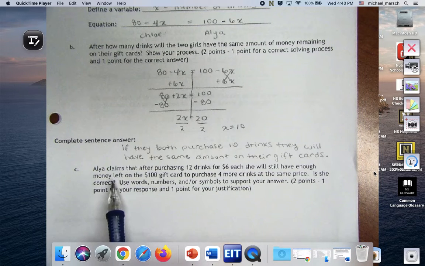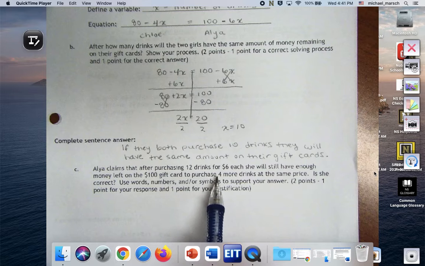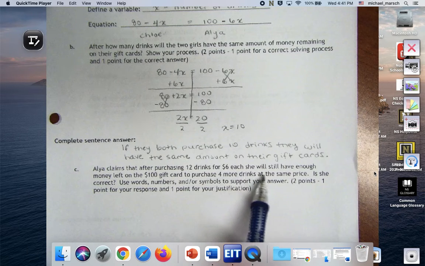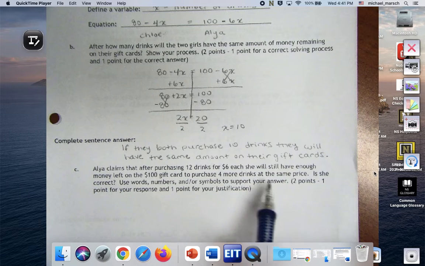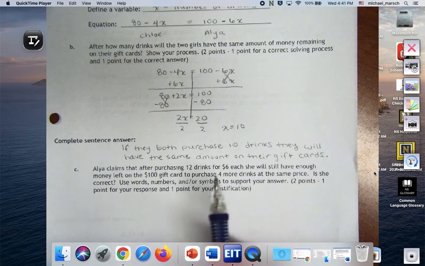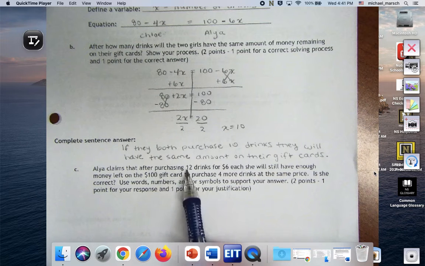Aaliyah claims that after purchasing 12 drinks for $6 each, she will still have enough money left on the $100 gift card to purchase 4 more drinks at the same price. Is she correct? So she thinks she'll have enough money to purchase 16 total drinks, right?